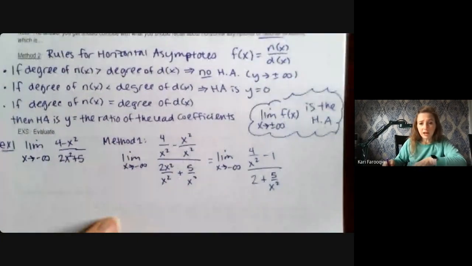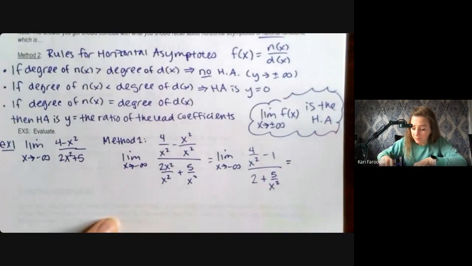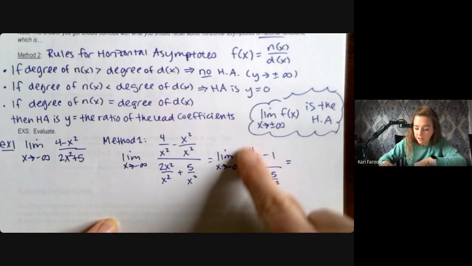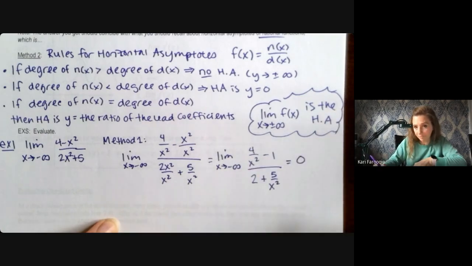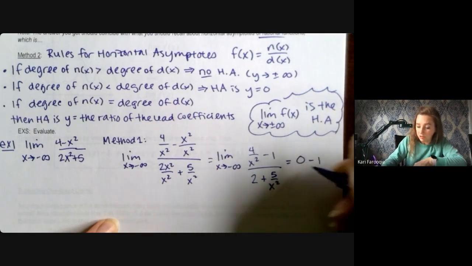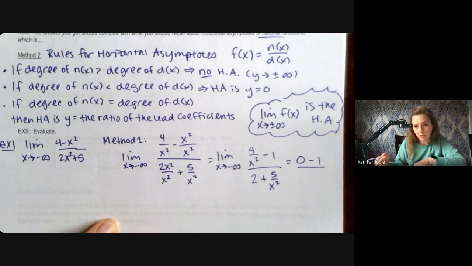What that means is that when we're taking this limit, and we apply this term by term, the limit of 4 over x squared is going to go off to 0. Remember that the limit of a constant is just a constant.